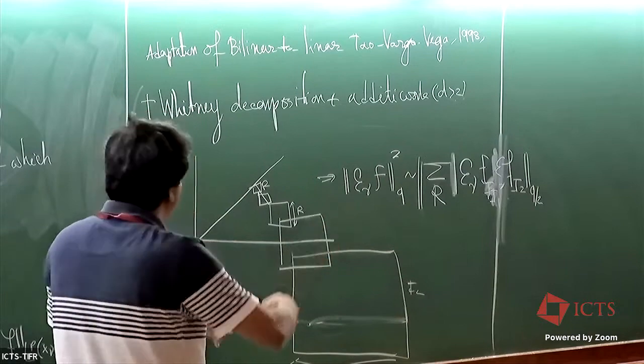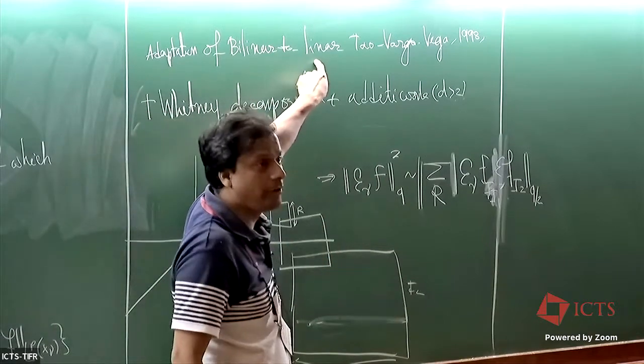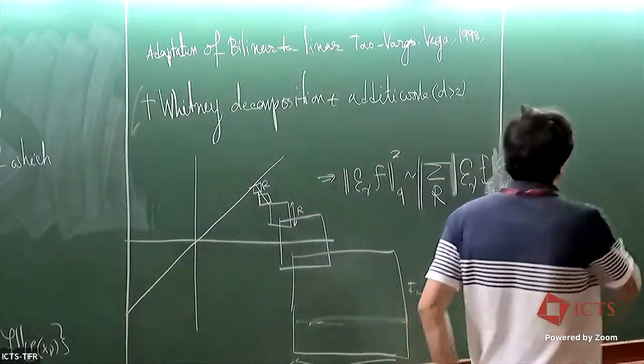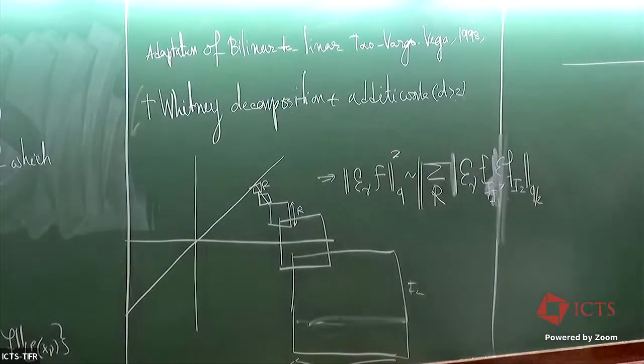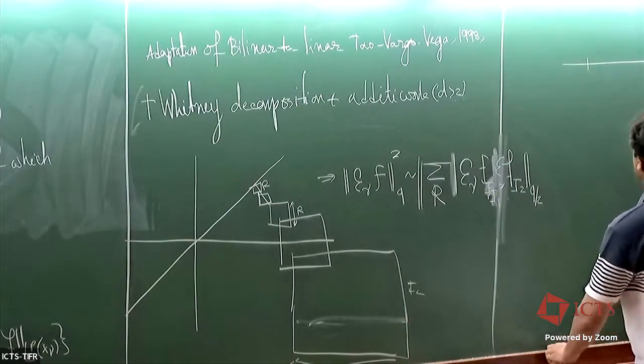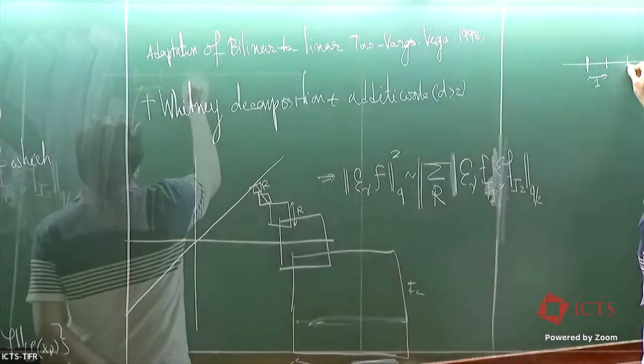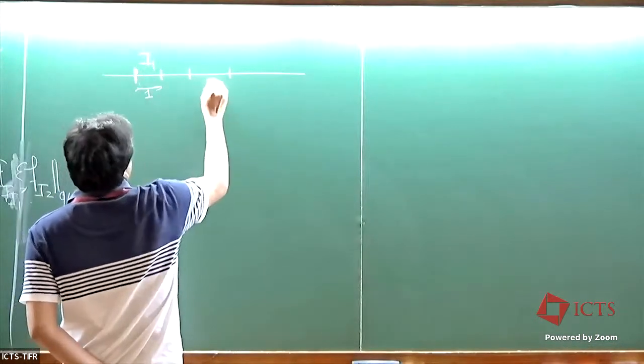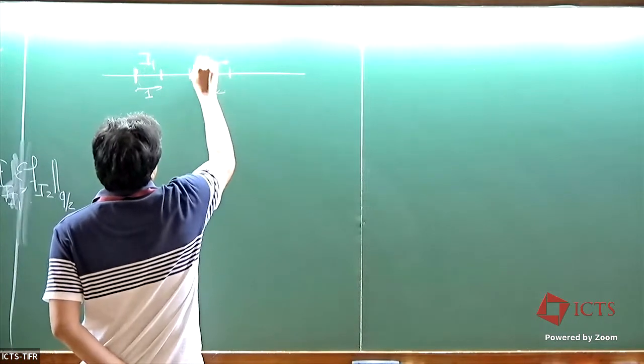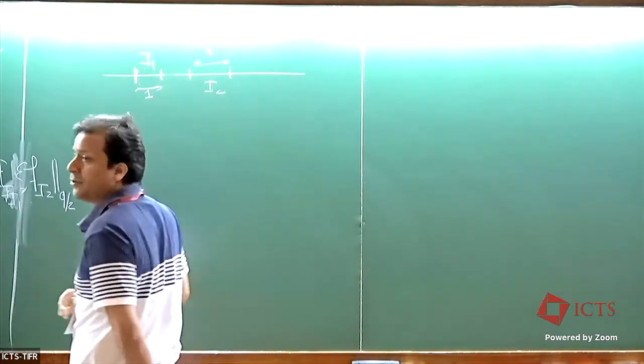And this is where the bilinear to linear argument of Tao comes into the picture, which is the following: we have a collection of intervals in R^2. So you take two intervals, let's say of length 1, and another interval, let me call these I1 and I2. This also has length 1, and they are 1 separated from each other.